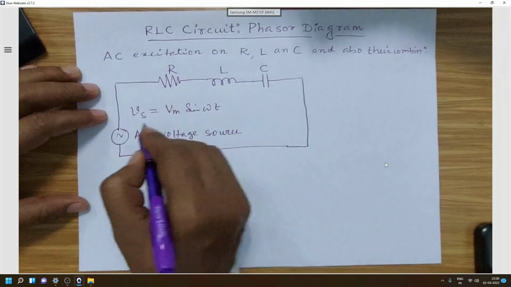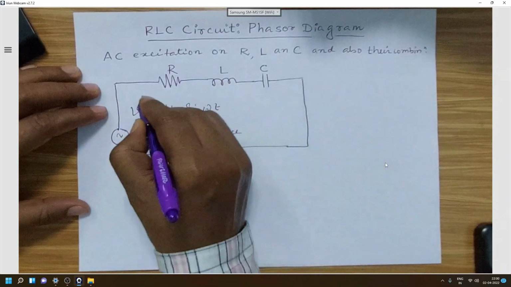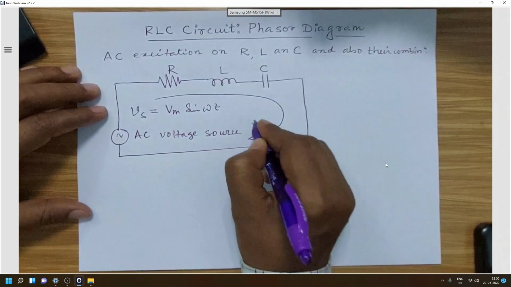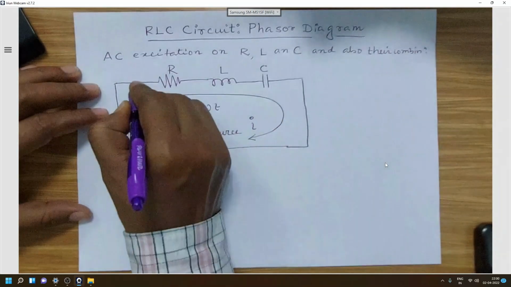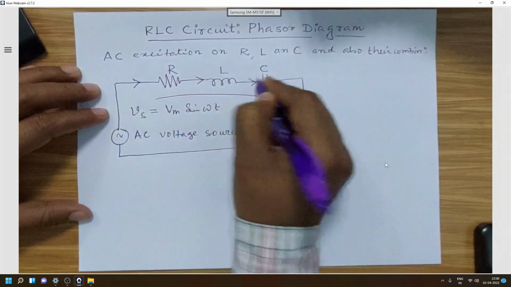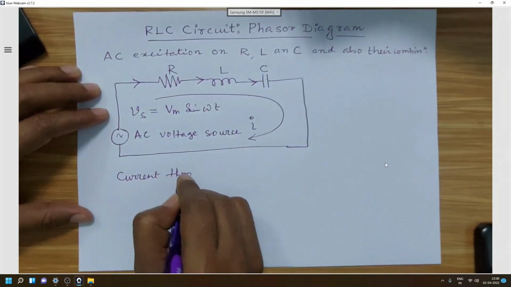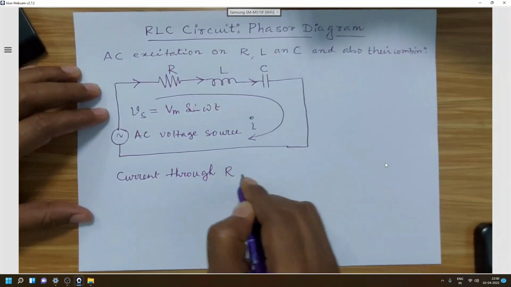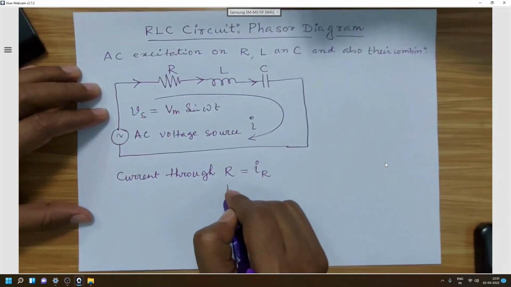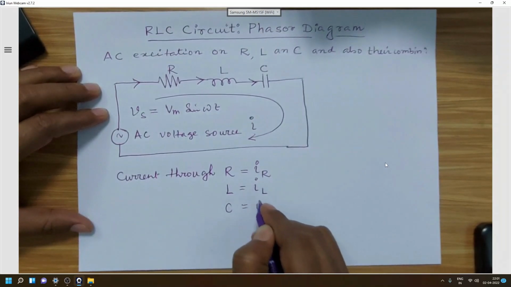So now the voltage source connected with this circuit will try to send one current, and that current will be I. Now this current is passing through R, passing through L and passing through C. So the current through R is, say, IR, through L it is IL, and through C, IC.